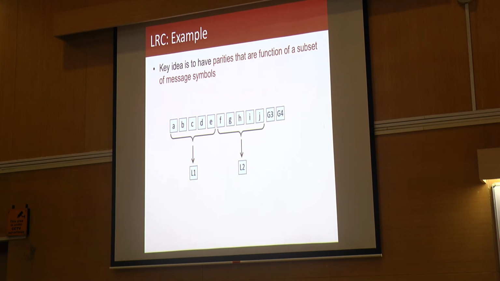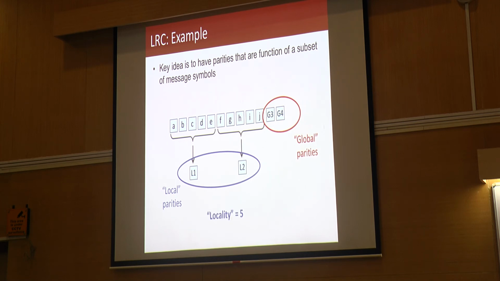Now these are linear combinations of only 5 of the message symbols. So L1 is a linear combination of only the first 5 and L2 is a linear combination of only the second 5. And G3 and G4 are the global parities as we saw earlier. They are still linear combinations of all. But we have reduced the total number of these global parities and used some of their space to add these local ones. Okay, so these are called local parities because they are more local in terms of these message symbols.